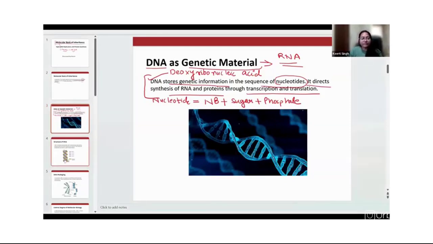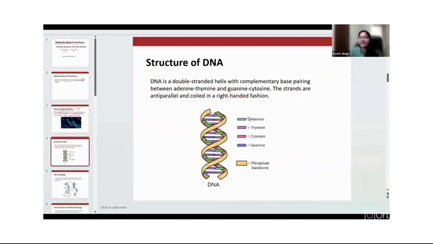See this structure. This is DNA. Okay. So, as I already told you, this DNA is made up of nitrogenous base, sugar, and a phosphate group. These nitrogen bases are of 5 types, right? Adenine, guanine, cytosine, thymine.